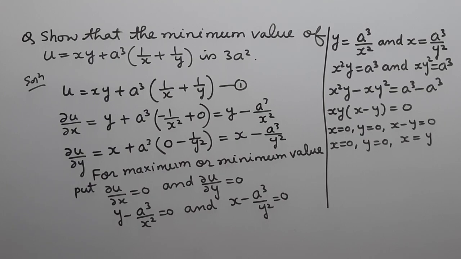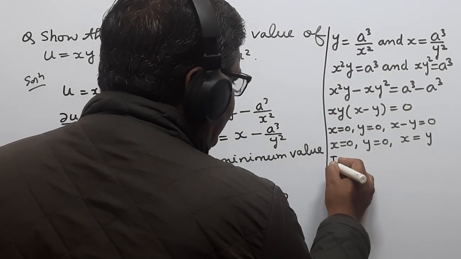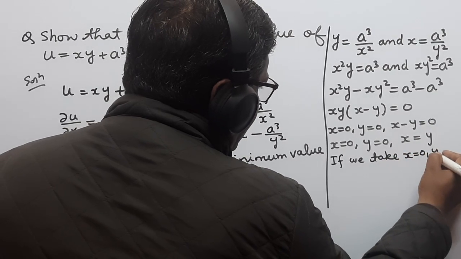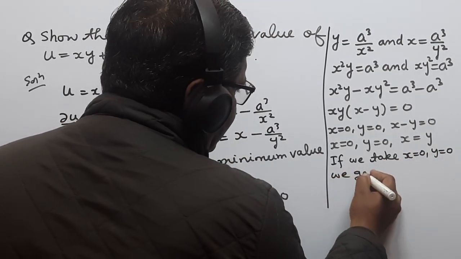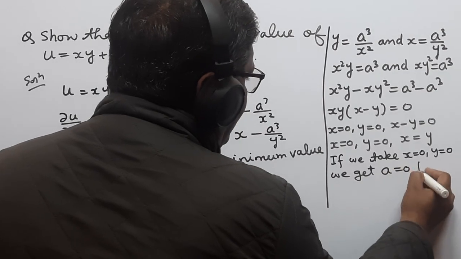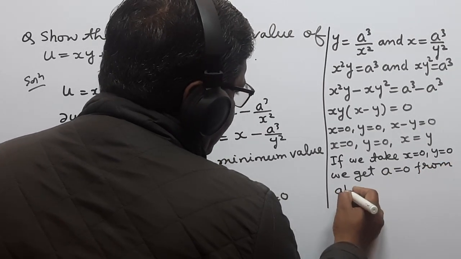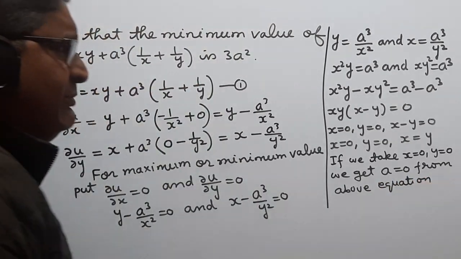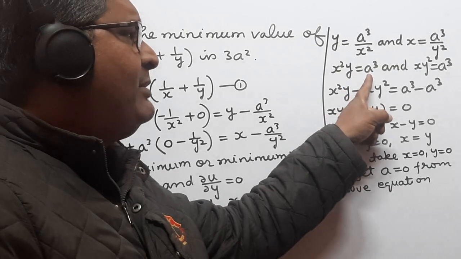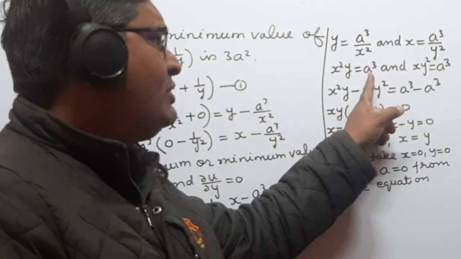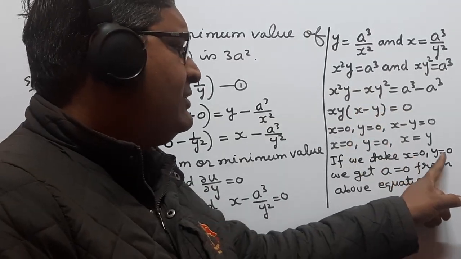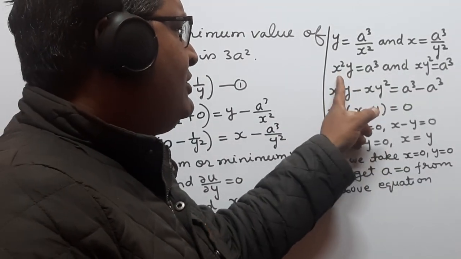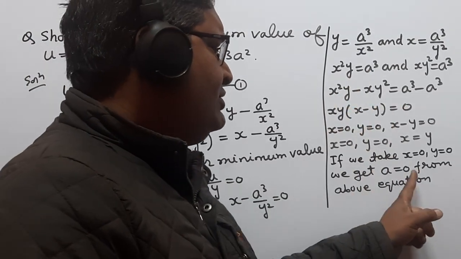If we take x = 0 and y = 0, we get a = 0 from the above equation. You can see here, if we put x = 0 and y = 0 in this equation, we get a³ = 0, so a = 0.